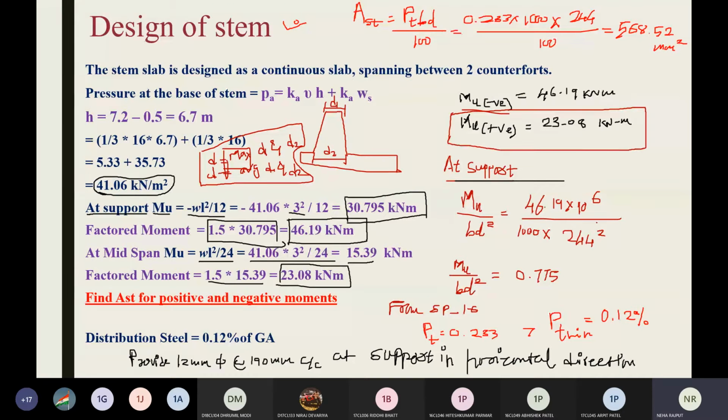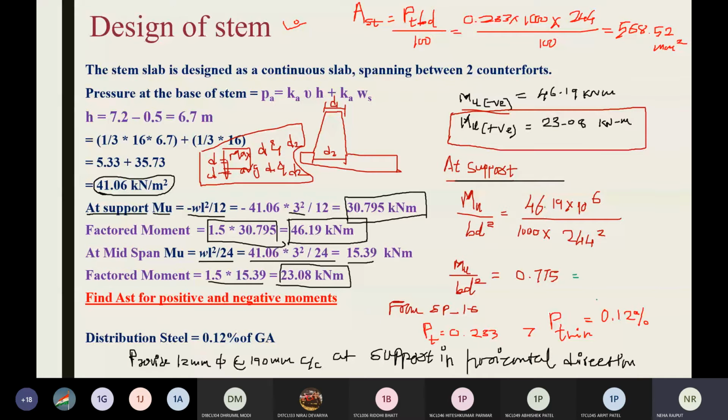So same way you can find your mid-span reinforcement also. So I'm just writing over here, this green color is my value for the mid-span. So for mid-span, Mu upon bd square is 23.08 into 10 raised to 6 divided by 1000 into 244 square.